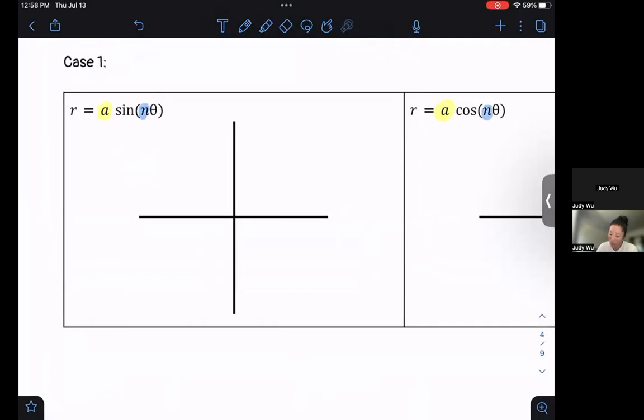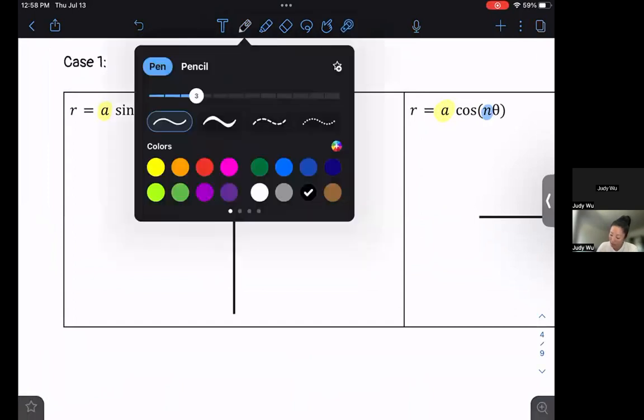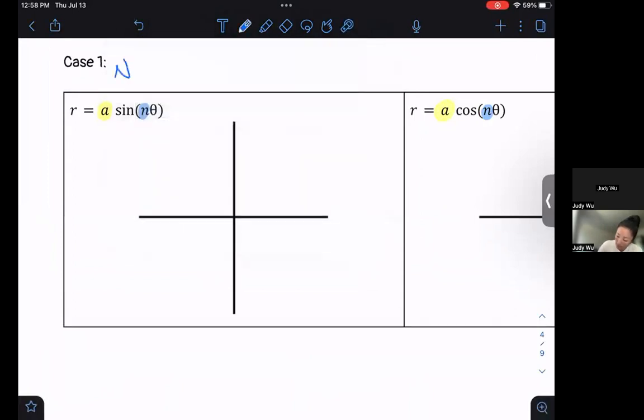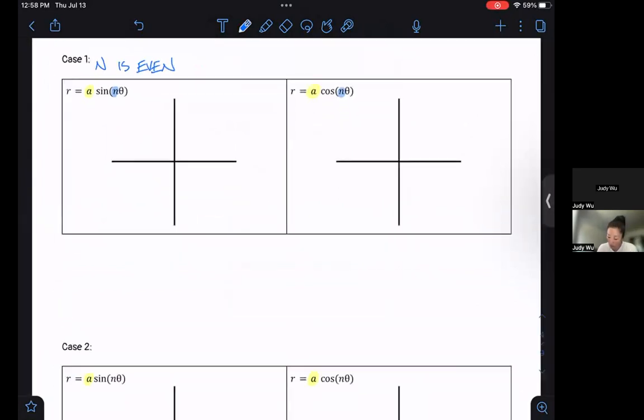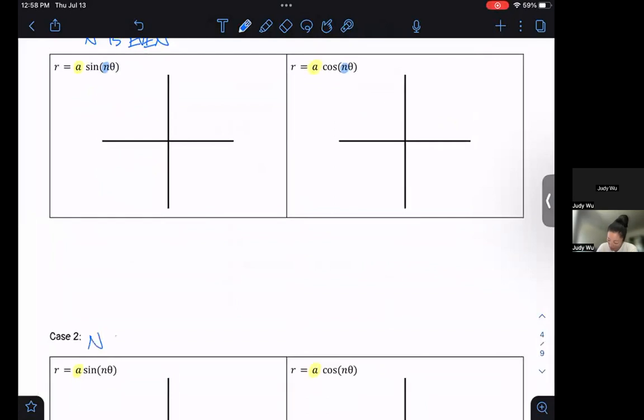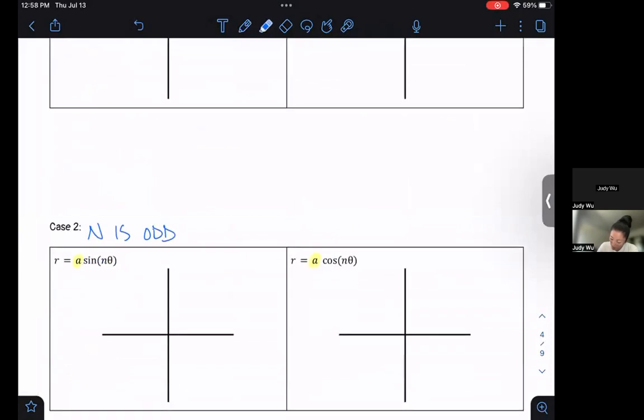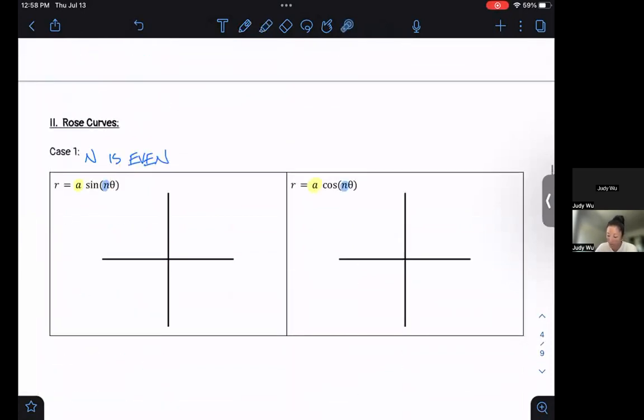We're going to first take a look at the case when N is even, and then we're going to take a look at when N is odd. So, similar equations, but really when N is even or odd. Let's go back to our Desmos screen and take a look at that.